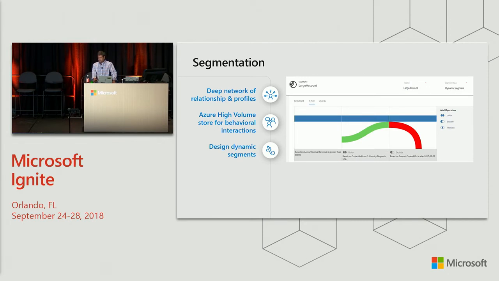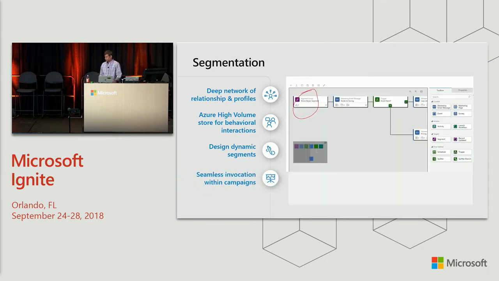You can design dynamic segments, and it's very easy and intuitive for a marketer to design. They don't have to depend on, say, the IT department or persona to pull a complex query. All of these are very easy to design, leveraging the entities that marketers are very familiar with, contact fields, accounts, all of these things.